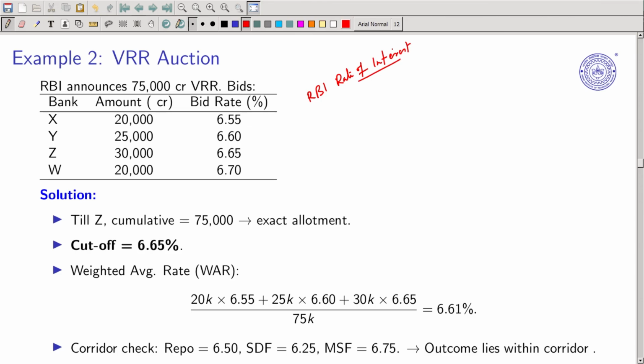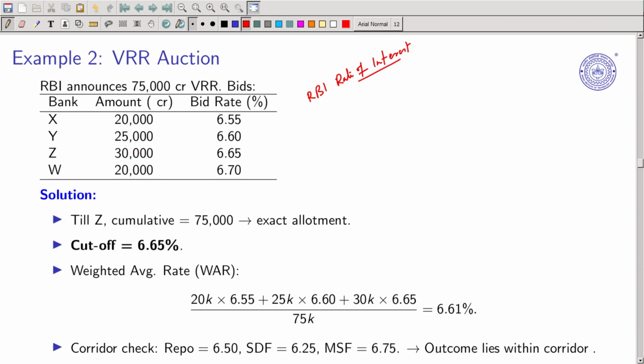What is the case here? In VRR the bank will be quoting, and here you have 6.55. In this case you can say 75,000. Bank A will be getting 20,000, then 30,000 by this one, and then 25,000 crore by this one.